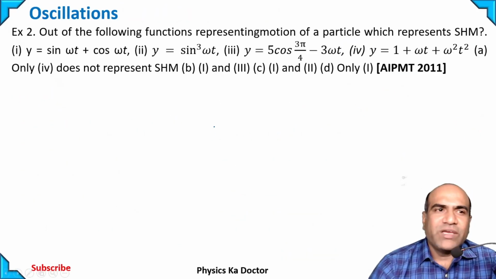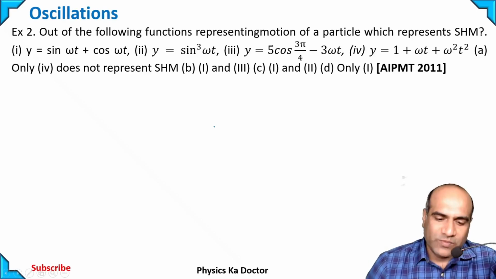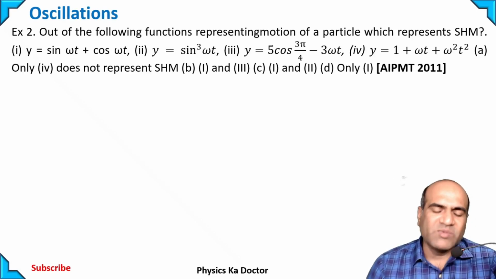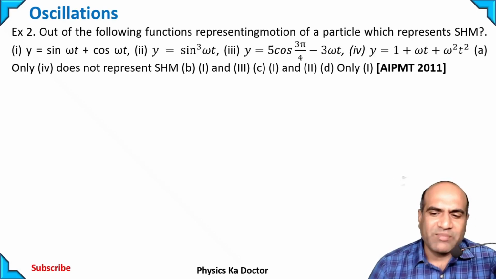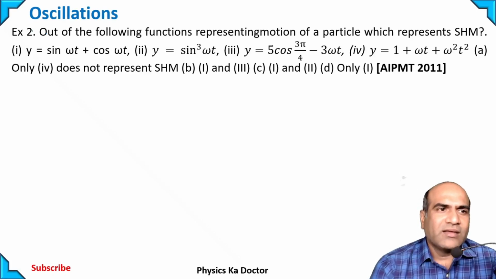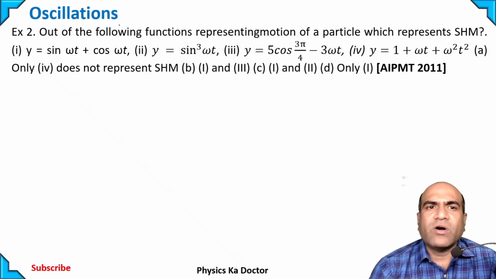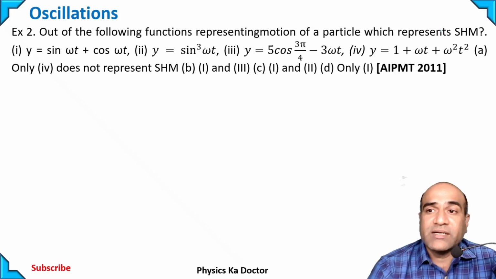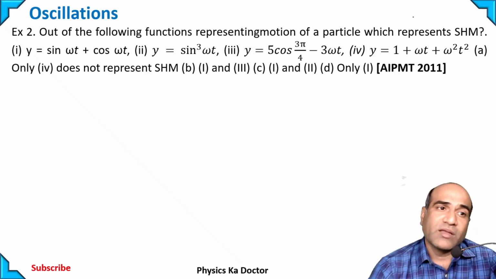Now we have example number 2. AIPMT means All India Pre-Medical Test, before NEET, this kind of examination. There, example number 2: out of the following functions representing motion of a particle, which represent simple harmonic motion? First equation, y is equal to sine omega t plus cos omega t.